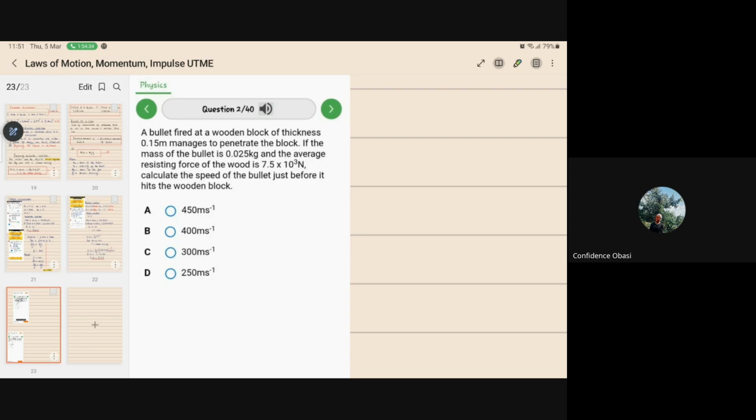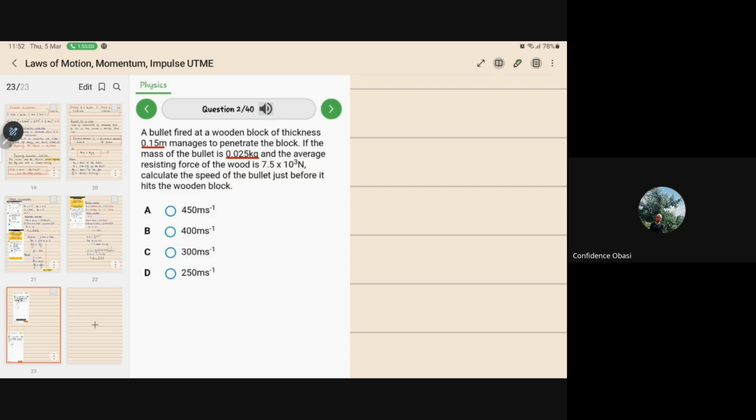Did you see that? What are we calculating? We are asked to calculate what? The speed of the bullet just before it hits the wood. Now, take note of key variables they gave us here. Don't be confused. They gave us the thickness of the wood, and they said that that bullet manages to penetrate that block, right? And the mass of the bullet, and the average resistive force.